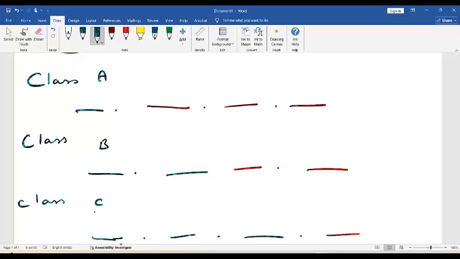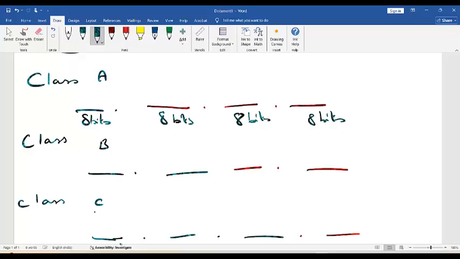Totally we have 32 bits. That 32-bit is equally divided into 4 parts, which means 8 bits each. We call it an octet. Eight multiplied by 4 gives you 32.